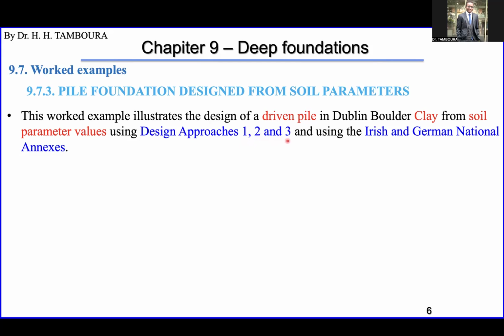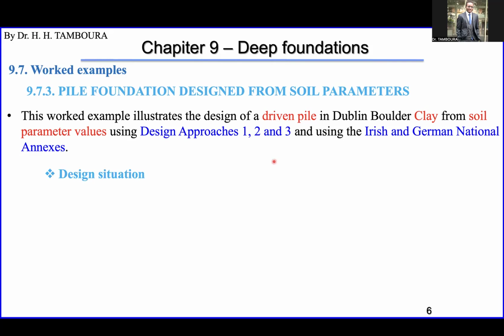As these examples were set in these countries, we will try to use the national annex. So the design approach 1, 2, 3, we will not have this kind of thing in the second generation of Eurocode. Maybe from the next video, we will start talking about that.